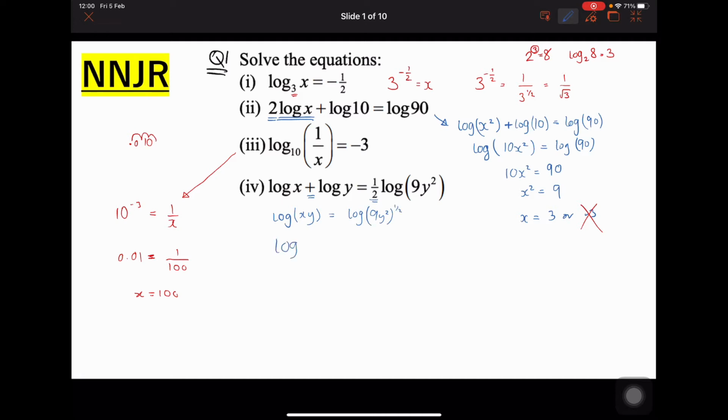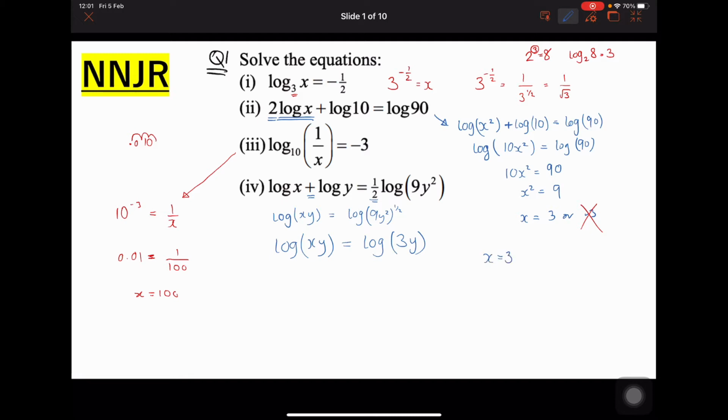So log xy equals log 9 to, so square root of 9 is 3, square root of y squared is y, of course. So just looking at this equation, I can clearly see that x is equal to 3.